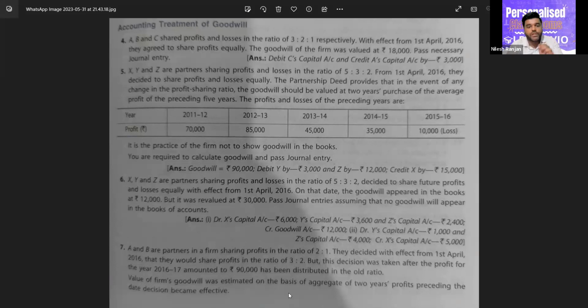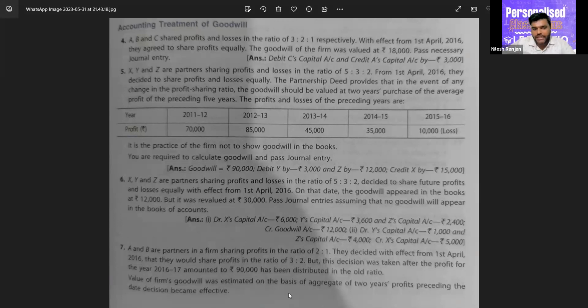Value of firm's goodwill was estimated on the basis of aggregate, means total of 2 years profit preceding the date decision became effective. So which 2 years profit we have to take? 2014-15 and 15-16.